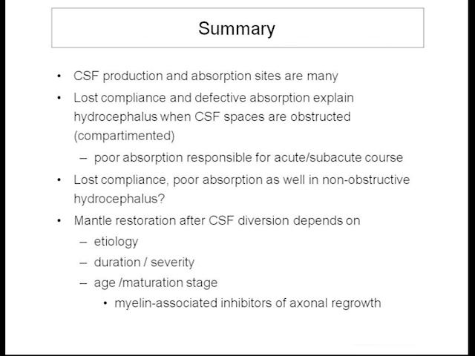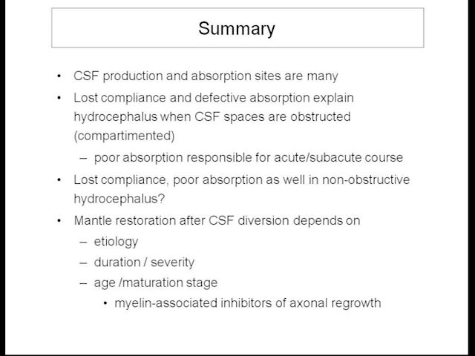So to summarize, I'm sorry, I'm a little bit late: CSF production and absorption sites are many. It's not the simple explanation between the choroid plexus and the granulations of Pacchioni. Loss of compliance and defective absorption explain hydrocephalus when the CSF spaces are obstructed or compartmented. And the poor absorption is likely to be responsible for the acute and subacute course.